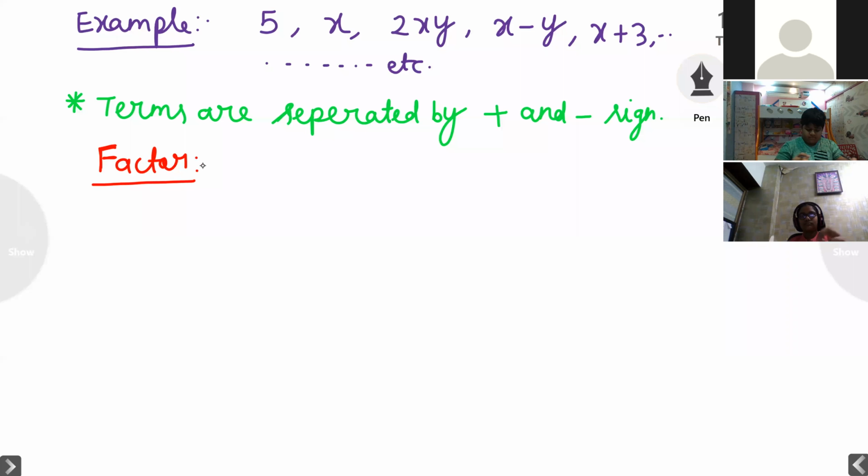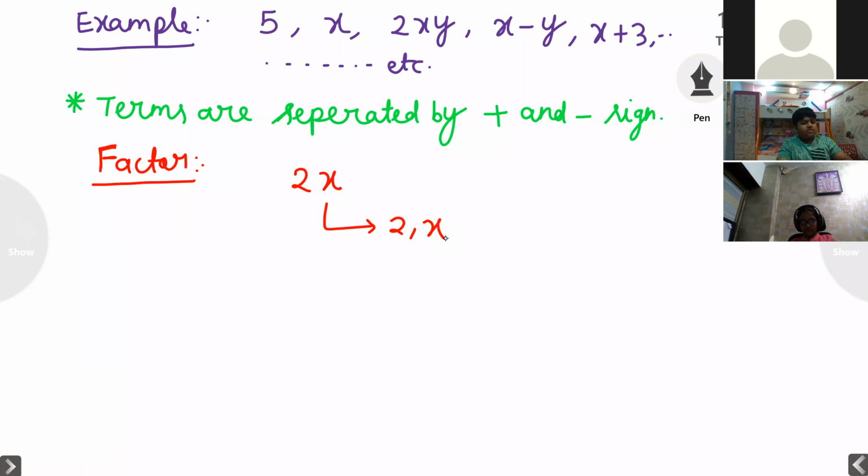Concentrate here, everyone. First listen. What is the meaning of factor? Listen carefully. If I am writing here 2x, I want to find out the factor of 2x. Very simple. I can write 2 comma x. This is the factor. We can separate, that is called factor.